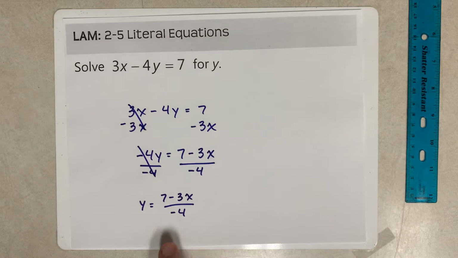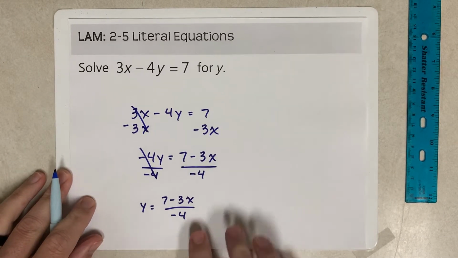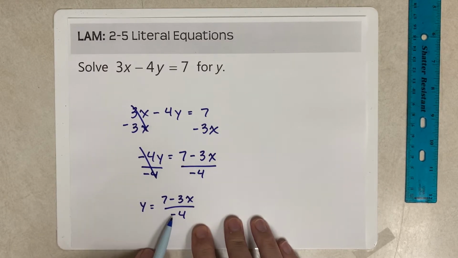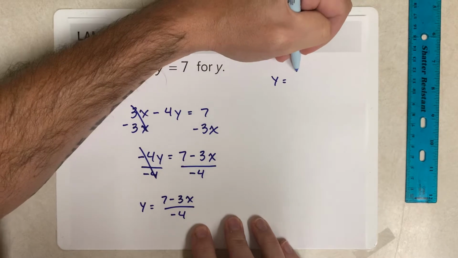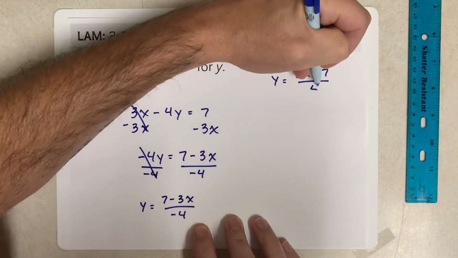Now that's a perfectly acceptable answer right there. Y is by itself, everything's on the other side. But there is another option. Because you have a minus right here and a minus right here, that minus can be what I call absorbed into the numerator by doing this. Y is equal to 3x minus 7 over positive 4.